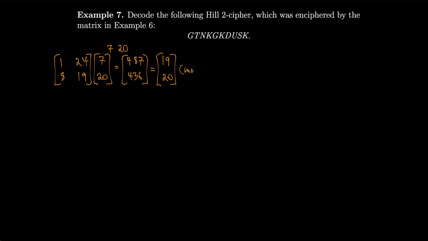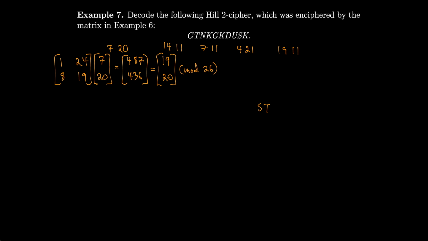So that gives us the letters S and T. So we keep going like this. The N and K give us 14 and 11. The G and K give us 7 and 11. Then we get 4 and 21. And last we get 19 and 11.